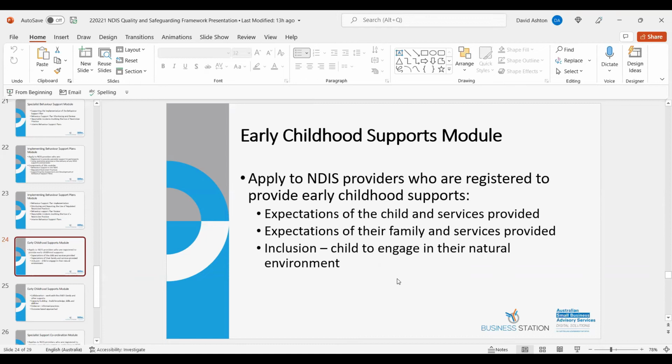In relation to the family, each family receives family-centered supports that are culturally inclusive, responsive, and focus on their strengths. The term culturally inclusive is an important element because you're going to be providing services to a whole range of cultures. So you need to be mindful of that in the development of your framework and your approach to providing services.